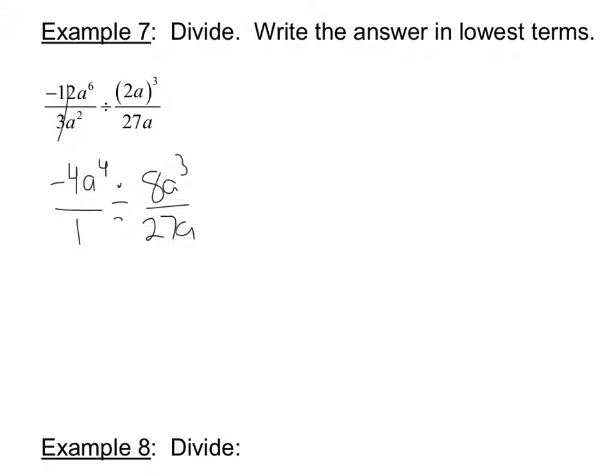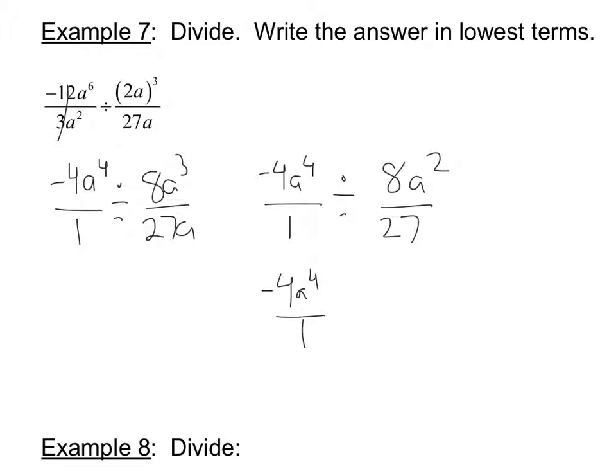Now again, I still have negative 4a to the 4th over 1. I'm still doing division because I got to simplify this now, and I would have 8a squared over 27. Now, how do you divide by a fraction? Multiply by the reciprocal.